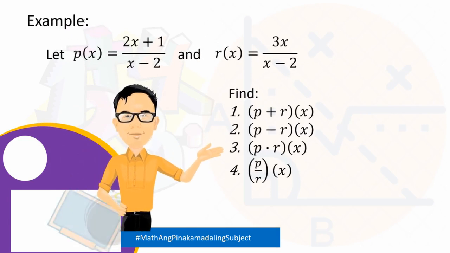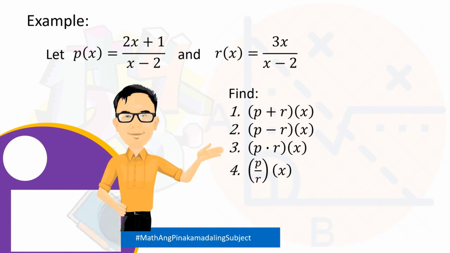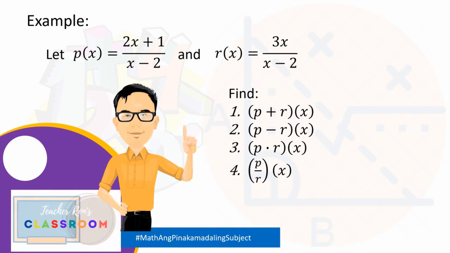Another example: let p of x equals 2x plus 1 over x minus 2, and r of x equals 3x over x minus 2. Find number 1, p plus r of x, number 2, p minus r of x, number 3, p times r of x, and number 4, p divided by r of x.